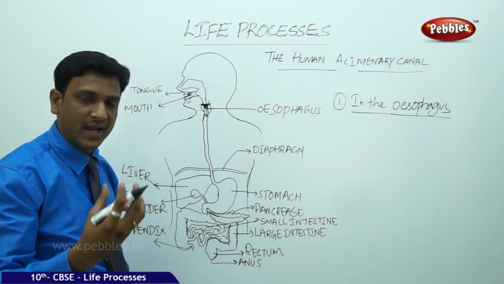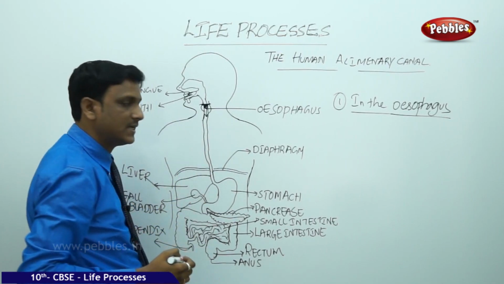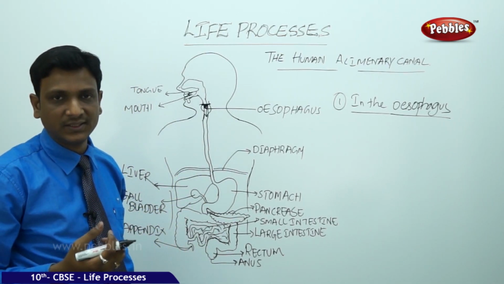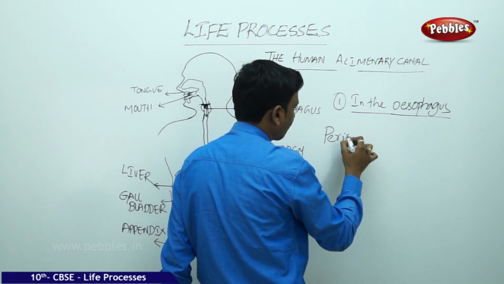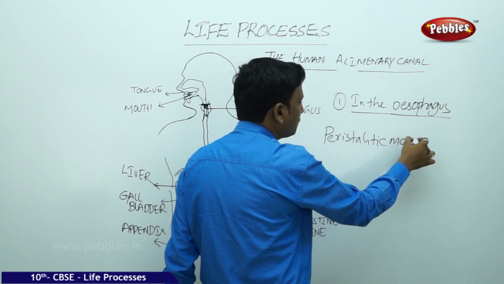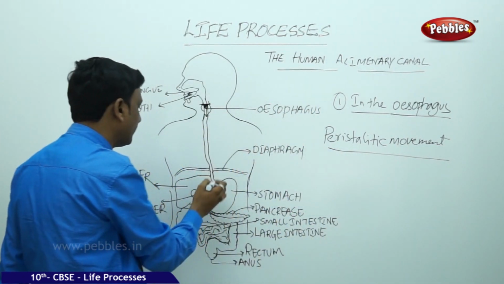So the circular and longitudinal muscles contract and relax and push the food downwards. These wave-like contractions and relaxations are called peristaltic movements. These peristaltic movements help the food to pass through the esophagus into the stomach.